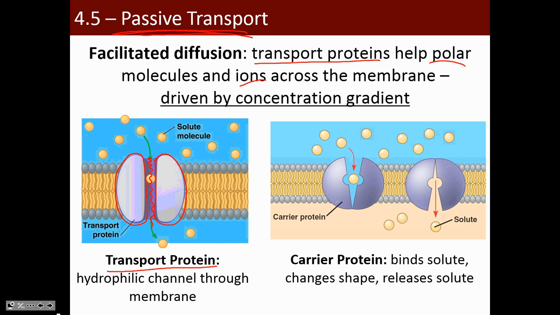And that channel creates an opening from one side to the other side, very much like our gap or communicating junctions that we looked at. It's a way for materials to get from one fluid to the other fluid, regardless of their charge. So this area in the center here, this is all hydrophilic.